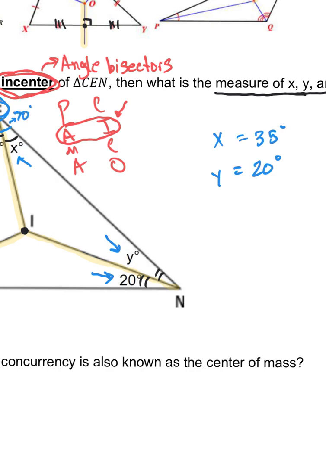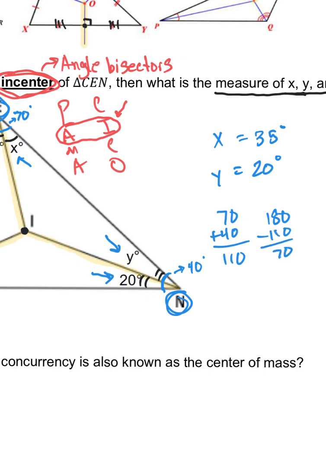Then we're going to look at N, over here. This entire angle is going to be 20 plus 20, so this is going to be 40 degrees. And we know that all three angles in a triangle must add up to 180. So if I do 70 plus 40, I'm going to get 110. 180 minus 110 is 70.